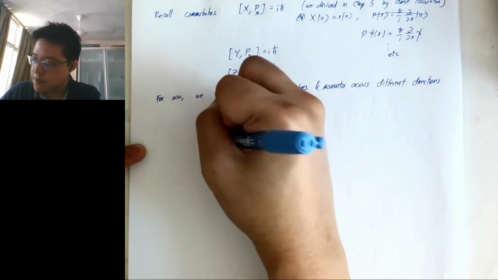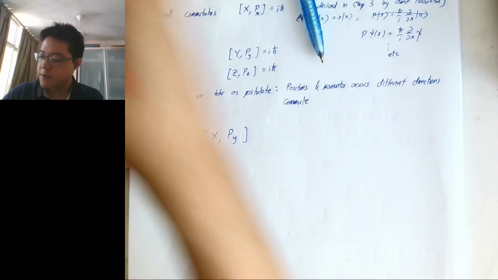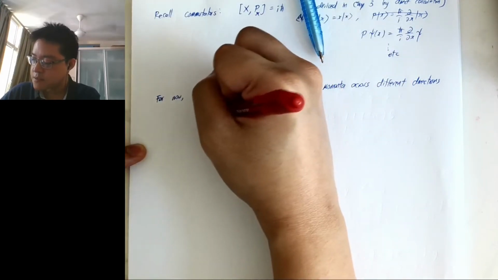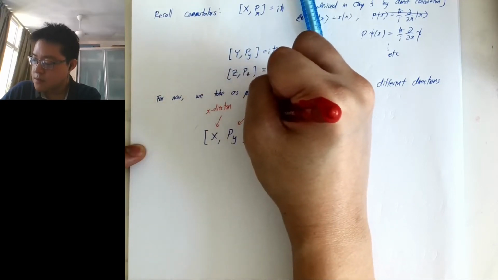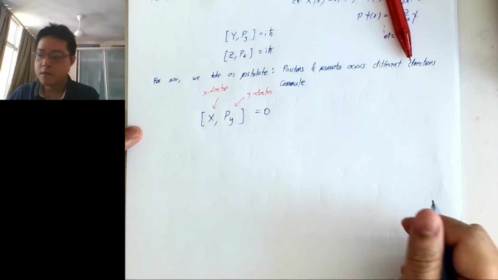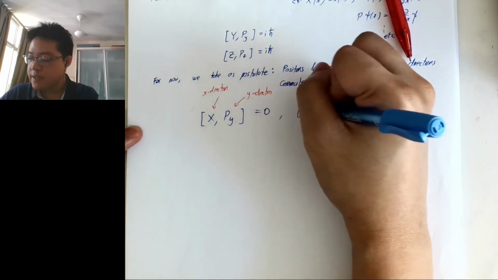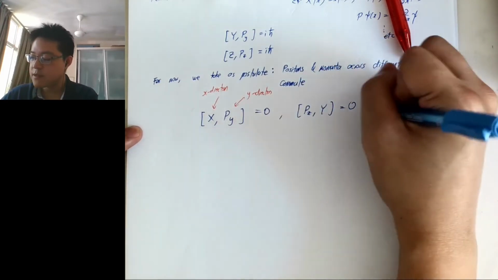So for example, x with commutator py. Because these are different directions, this is for the y direction, so they are going to be 0, right? You do this for all the other things, like for example pz and then y also 0, and so on and so forth.